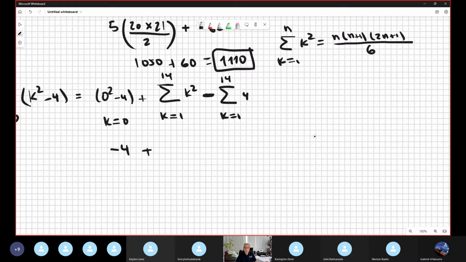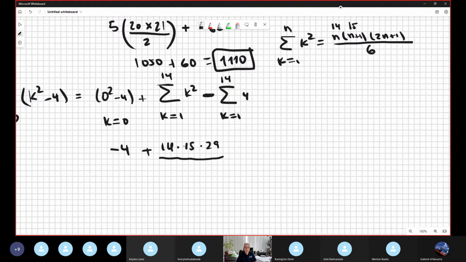So n is 14. That is, 14 multiplied by 15. Where does 15 come from? Well, 15 is n plus 1. This is 14 in our example, this is 15 in our example. And this is 29, because it's 2 times 14, which is 28, plus 1, 29.